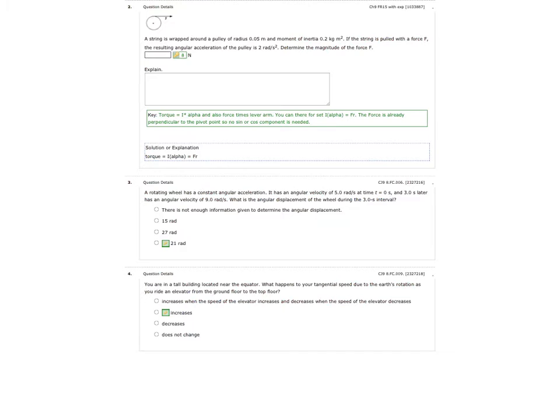All right. So this was the one with the string wrapped around the pulley. Most of you did really well again with this one. So we knew in this case that I is equal to 0.2 kilogram meters squared, and we had alpha, so that was 2 radians per second squared.